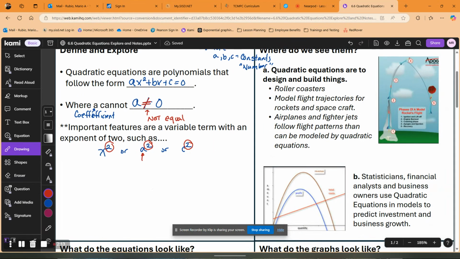Some other important features are that if we graph them, let me write this down in here. If we graph a quadratic equation, I'm going to write EQN for short, for equation. If we graph a quadratic equation, we get something called a parabola.